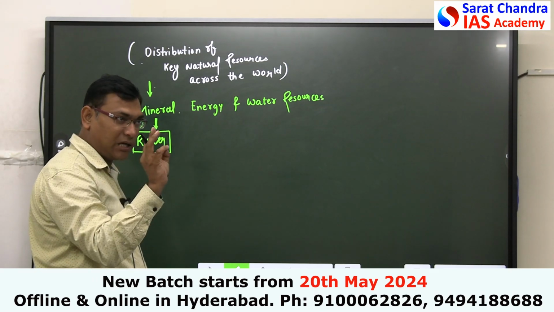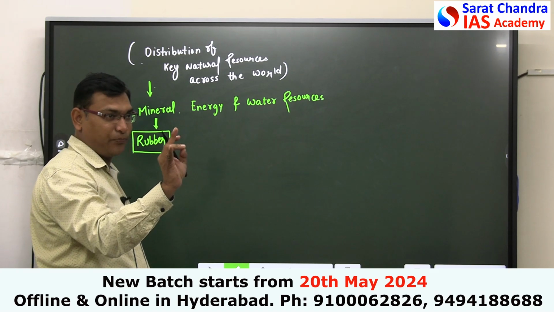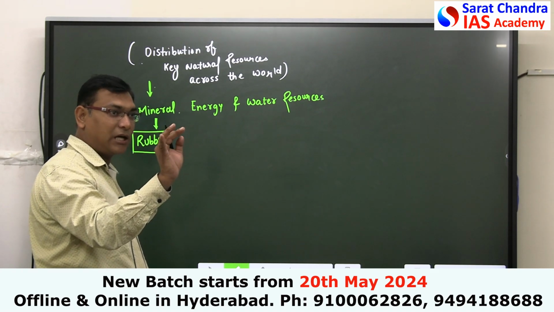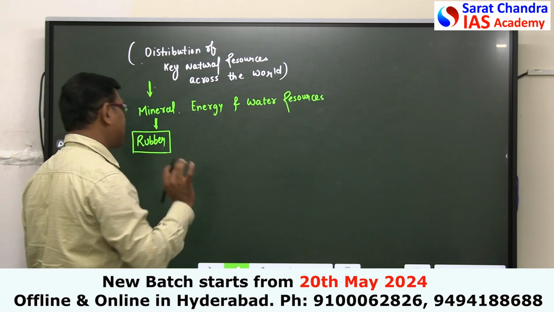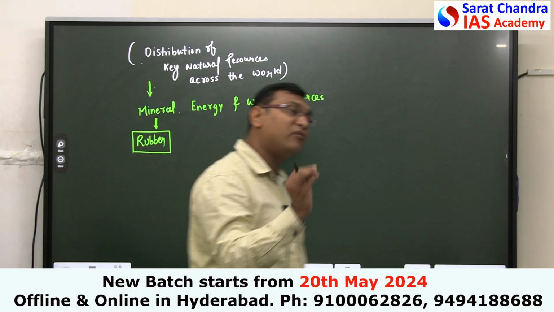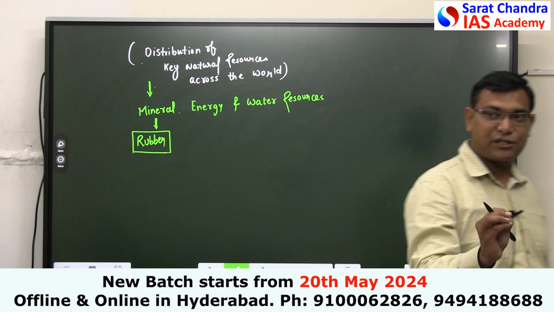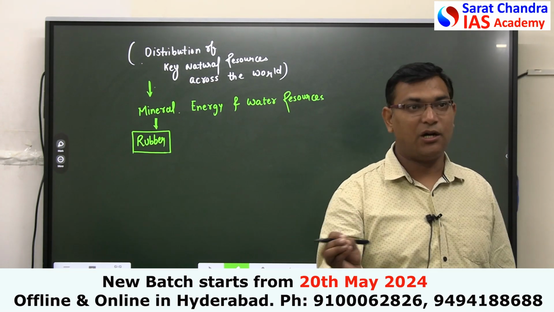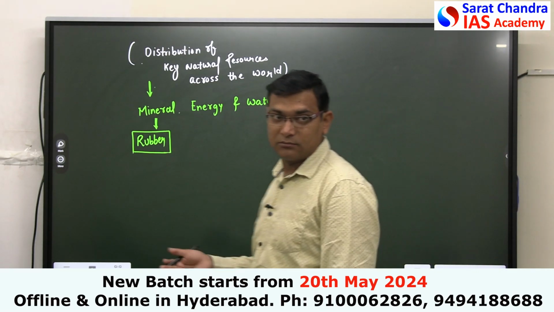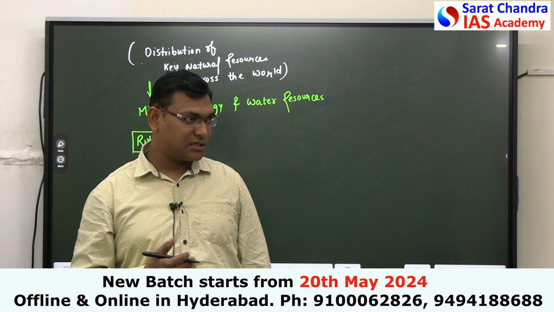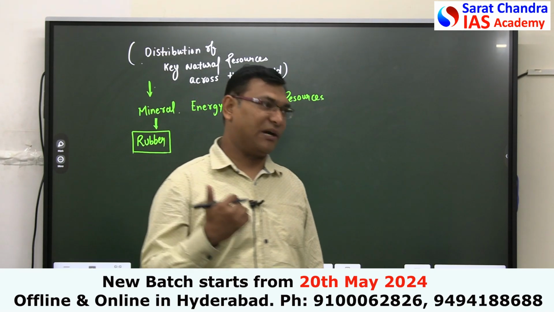It grows in Kerala, and in Southeast Asia: Myanmar, Thailand, Cambodia, and Malaysia also. Is it clear? They also asked about the impacts of rubber plantation or the rubber industry on the environment. Crude oil distribution, they have asked. Industrial distribution, they have asked.